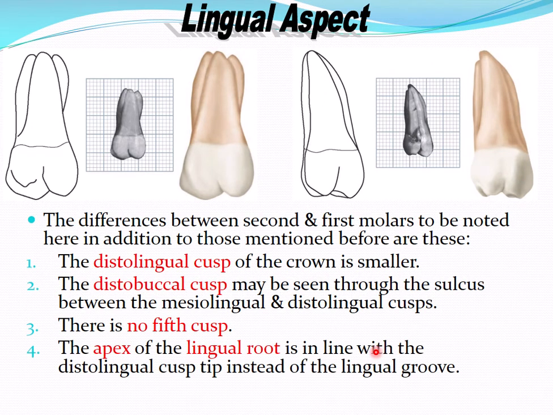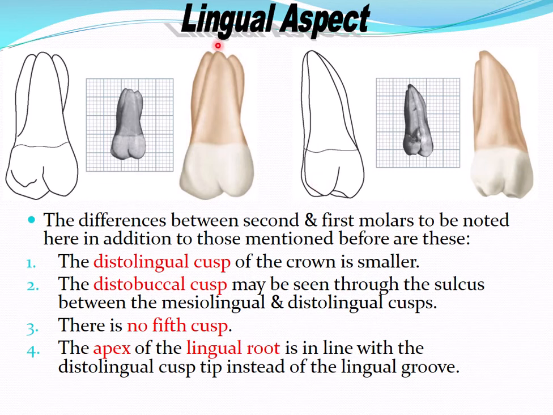The other difference, the apex of the lingual root. Look, this is the apex of the lingual root. This is the apex of the lingual root. This is the first. This is the second. The apex of the lingual root is in line with the distolingual cusp. Look, when I bring a vertical line with the cusp tip of the distolingual cusp.